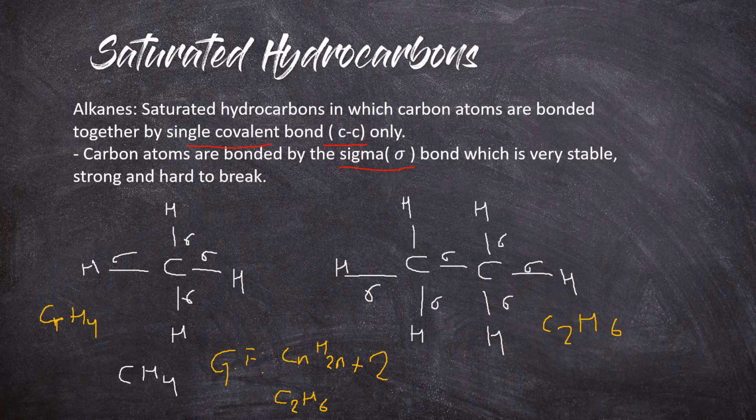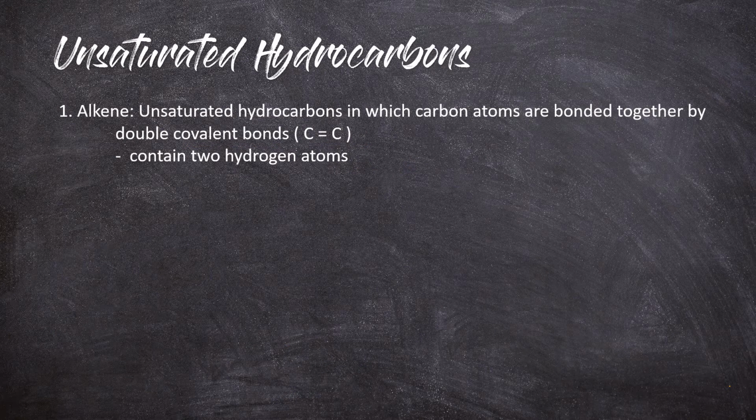So we studied alkanes. Alkanes have single covalent bonds, that is sigma bonds, which are very stable, less reactive and hard to break. Now unsaturated hydrocarbons, alkenes: these are compounds in which carbon atoms are linked together by multiple bonds, either double or triple bonds.